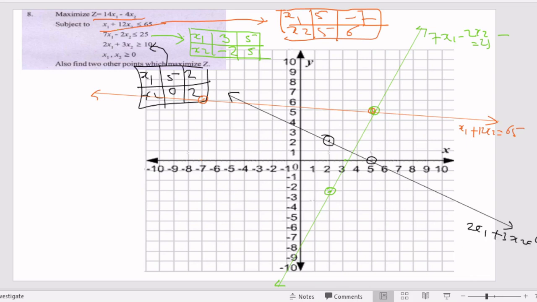So we got the lines, right? Now we have to find the feasible region based on the inequalities. First, the orange line: x1 + 12x2 less than 65.